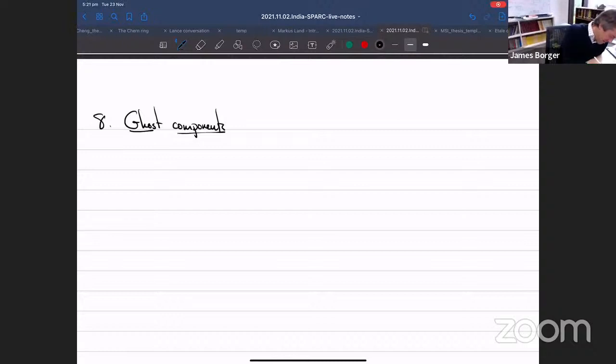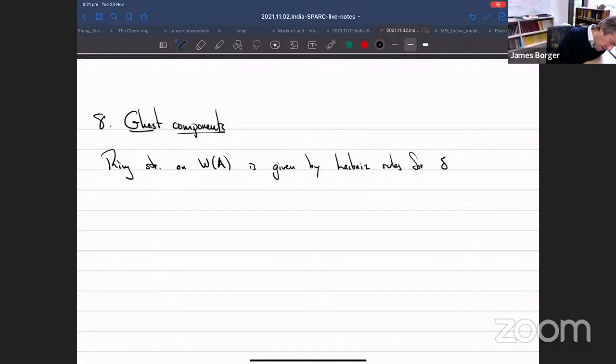So recall that the ring structure on W of A, as I defined it, is given by the Leibniz rules for the nth iterates of delta. And these are complicated.